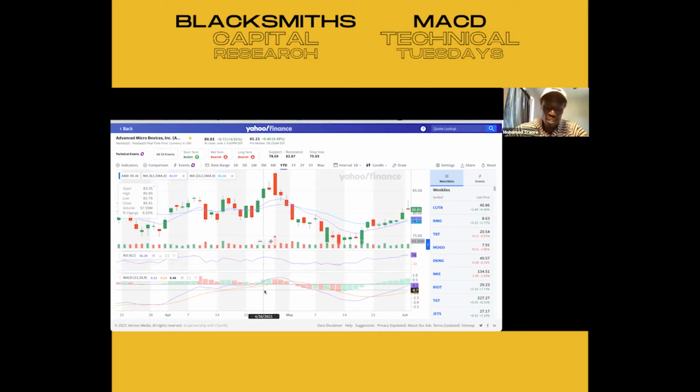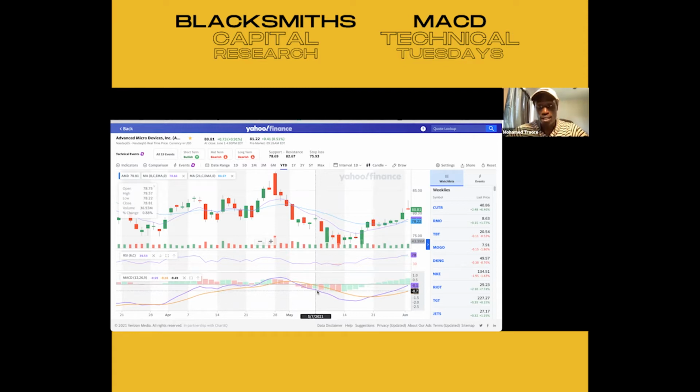All right, looking at the AMD chart from March 19th of this year to the present. On this chart we see that MACD line here in purple, the signal line here in orange. That orange line is the 9-day exponential moving average.